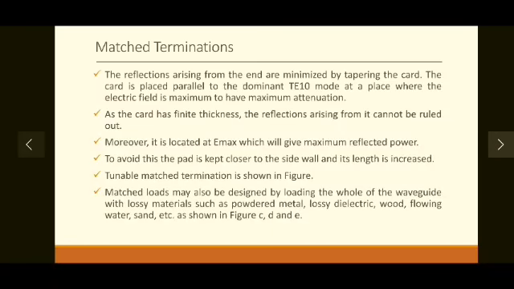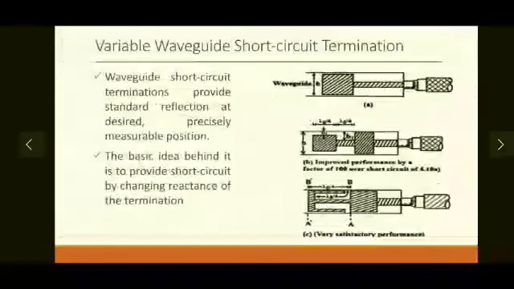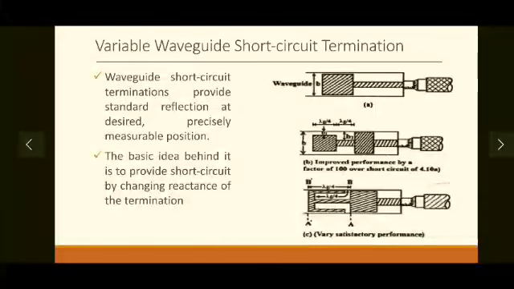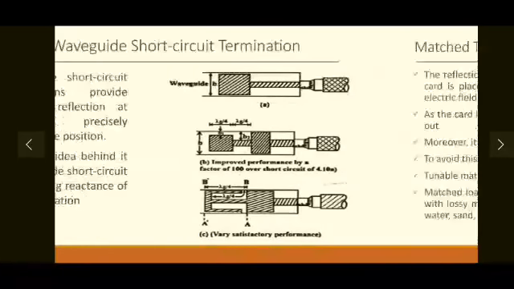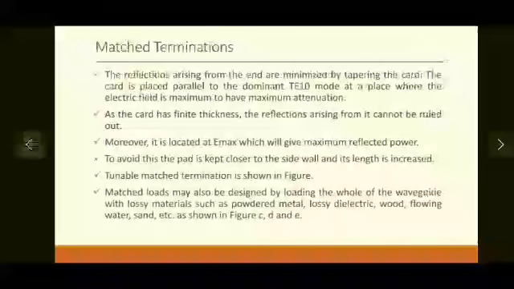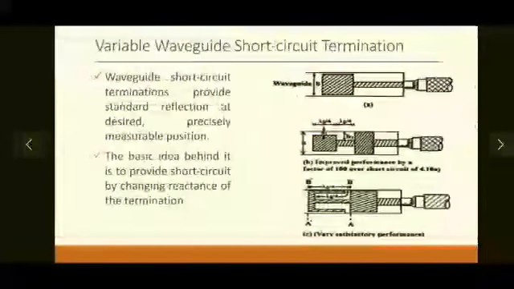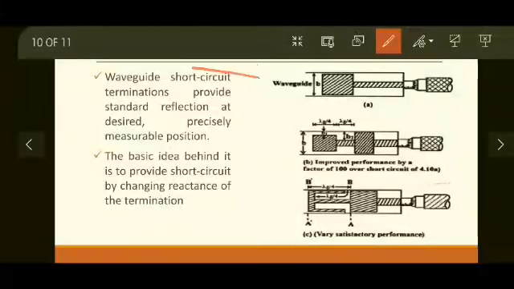Now there is another type, that is short circuit termination, variable waveguide short circuit termination. Waveguide short circuit terminations provide standard reflection at a desired and precisely measurable position. Figure A is a basic type of variable waveguide short circuit termination.